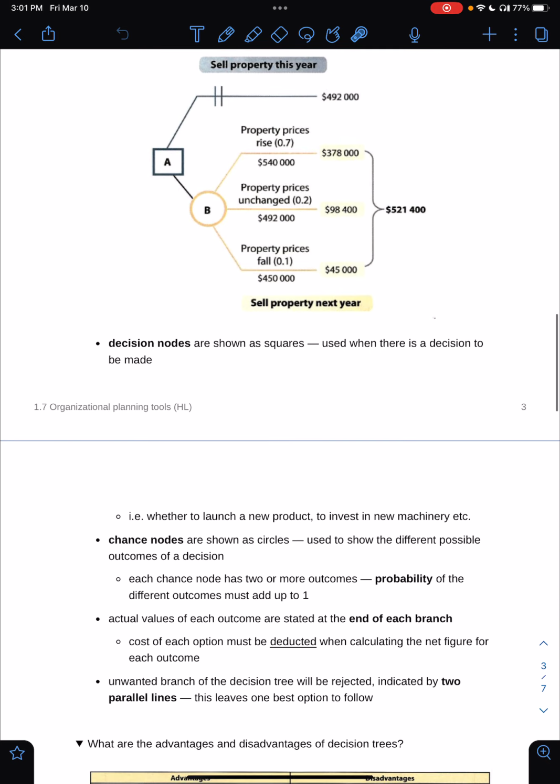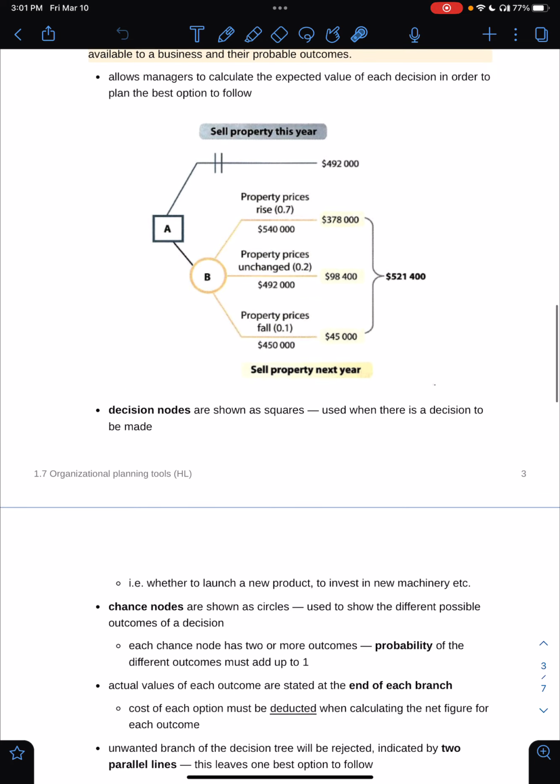And we also have circles, which are known as chance nodes. And these are used to show the different possible outcomes of a decision. For example, when we look at the chance node in this diagram, B, we can see that there are 3 possible outcomes arising from if the business chooses to sell the property next year.